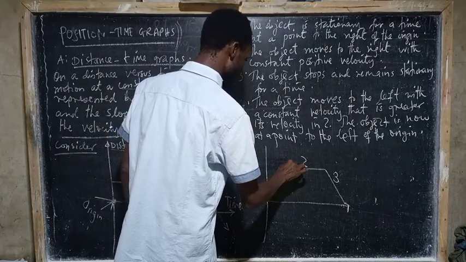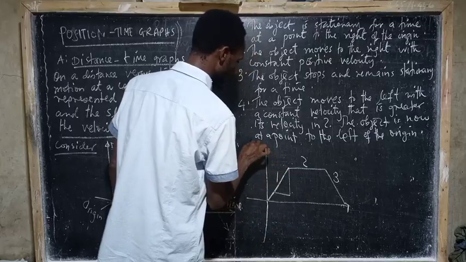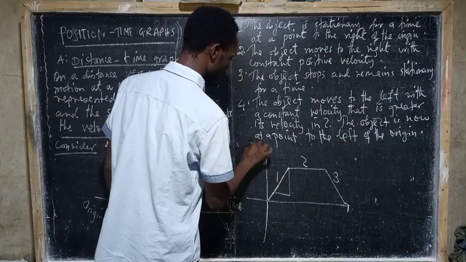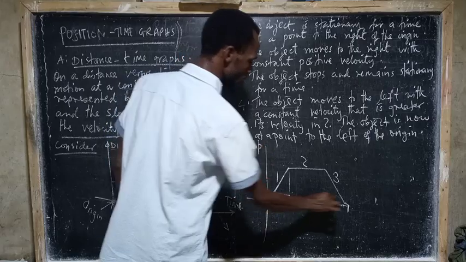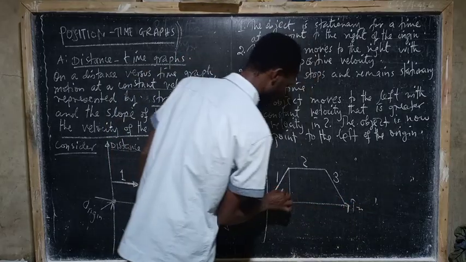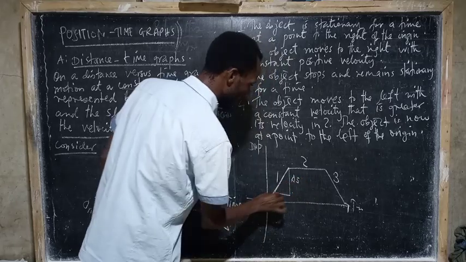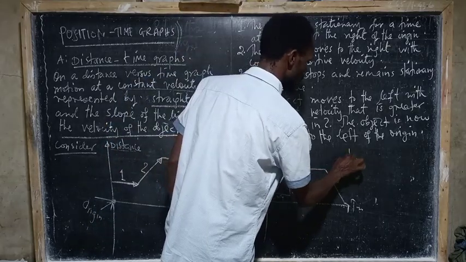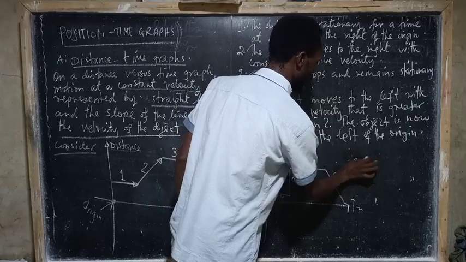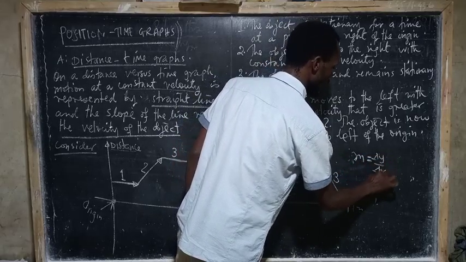If you look at this one, this is the displacement and this is the time. So this will be the change in displacement and this will be the change in time. The slope will be equal to change in y over change in x.